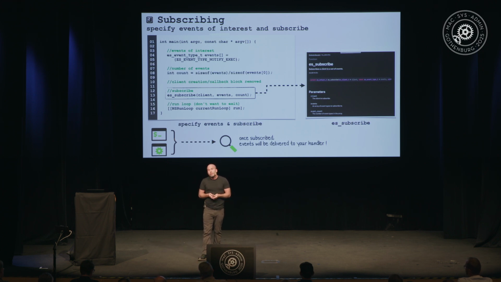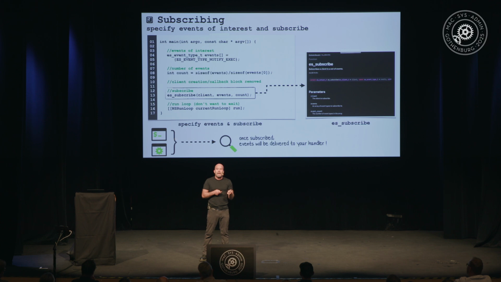So to do this, you invoke the aptly named ES_subscribe API, and it takes the client we just created and an array of events of interest. Here we're only subscribing to one event, the notify exec. And then you also have to give this API the number of events that are in this array. The reason you have to do this is, if you remember on the first slide, Apple's definition said that endpoint security is a low-level C API.